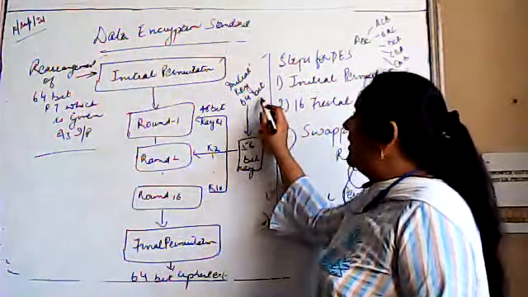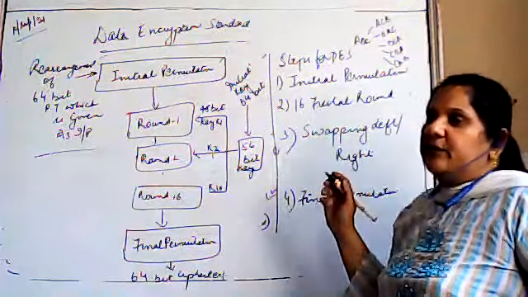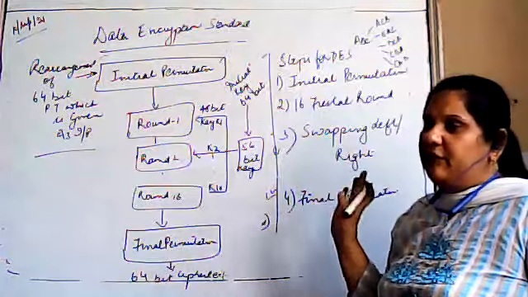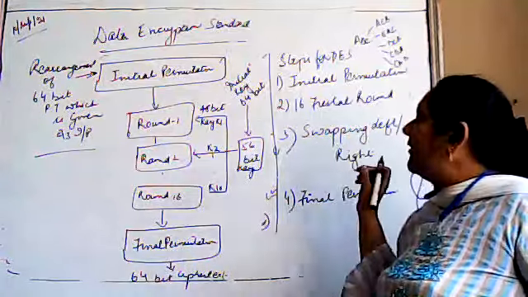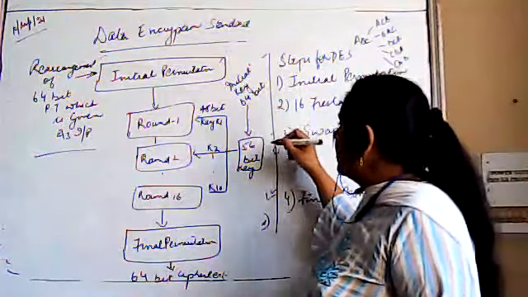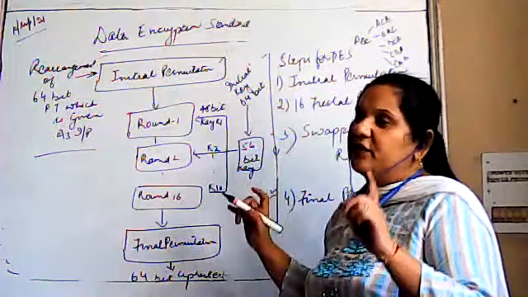Now, we have the initial key. As I have told you, 64-bit data will be converted to 64-bit ciphertext. For that, you have the initial key of 64 bits. Some processes will be done in order to convert this key into 56 bits at the first stage.